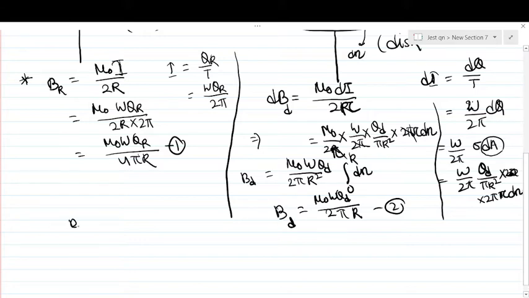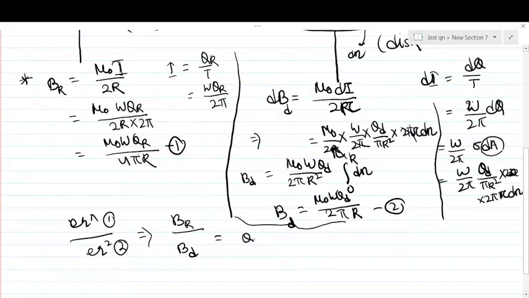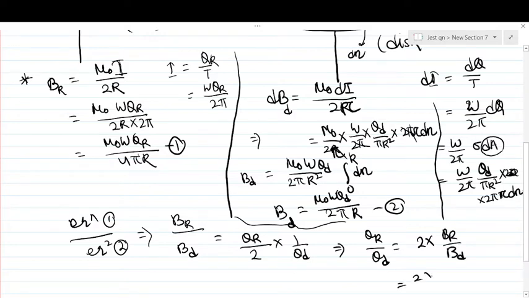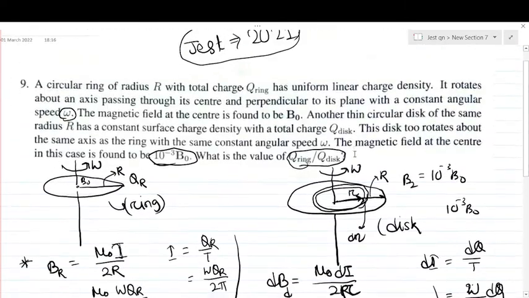So divide equation 1 by equation 2, then we get B ring by B disc is equal to Q ring by 2 into 1 by Q disc, that implies Q ring by Q disc is equal to 2 into B ring by B disc, then 2 into B naught divided by 10 to the minus 3 B naught, so 2000 is the answer. Okay, let's go to the next question.